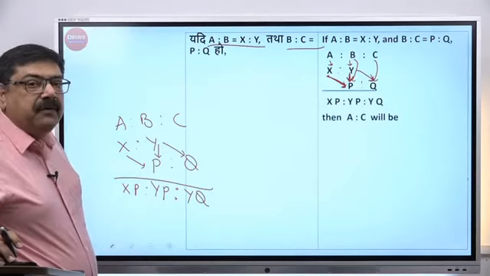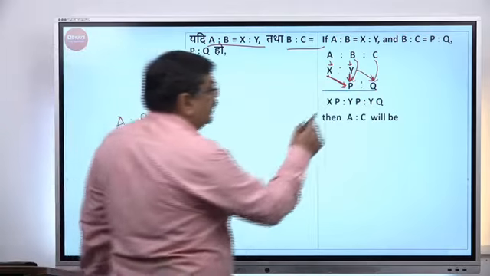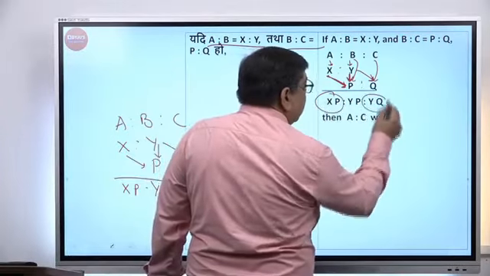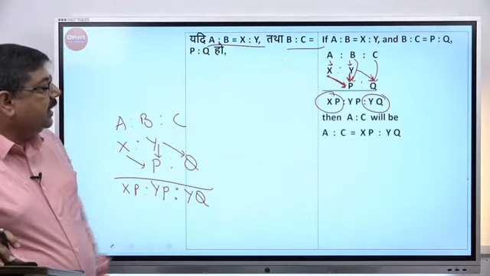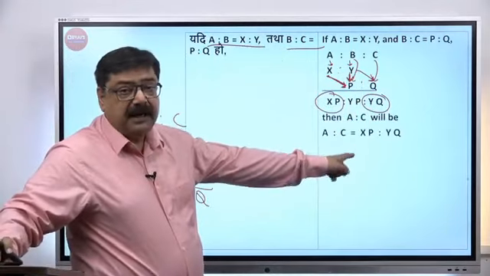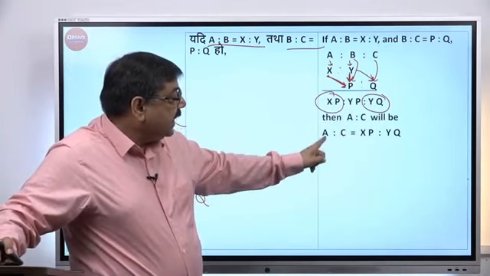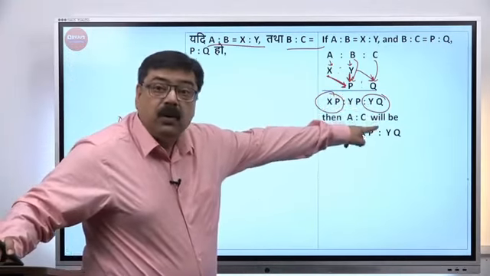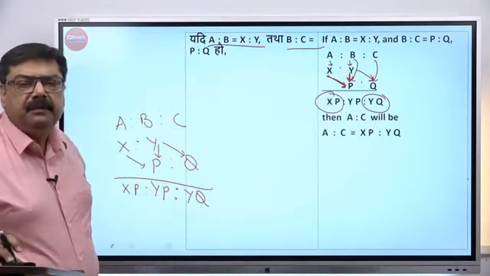Now if you have to find out A is to C, अब अगर आपने निकालना हो A सही C, तो ये रहा A का रेशियो पॉइंट, ये रहा C का रेशियो पॉइंट जो कि आपके सामने दिया गया है, तो A सही C बन गया XP सही YQ. So now A is to C will become XP is to YQ. As simple as that.